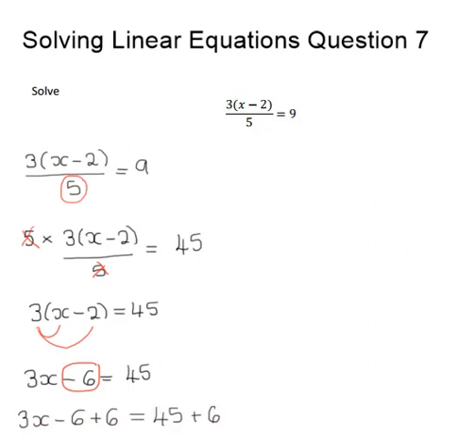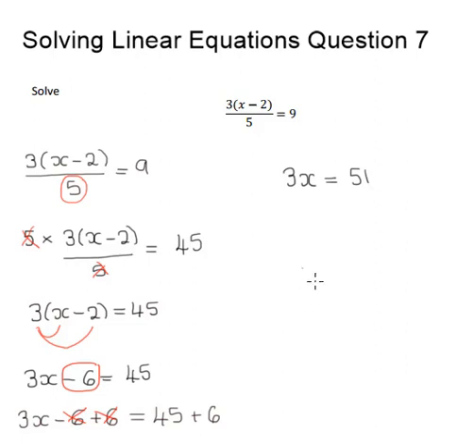Okay, so these minus 6s on our left-hand side will cancel out and become 0. I'm going to have to go up here because I've run out of space. So we're going to be left with 3x on our left-hand side. And what about on our right? Well, 45 add 6 gives me 51.